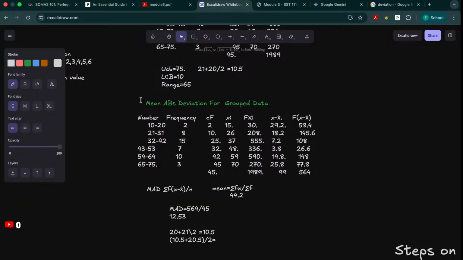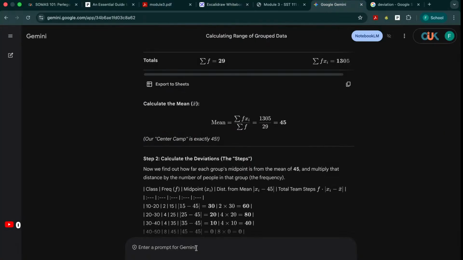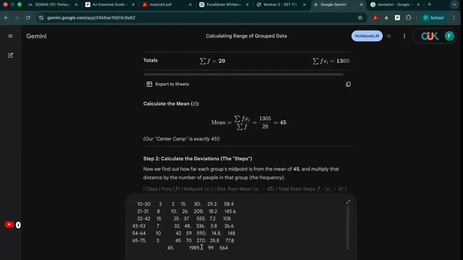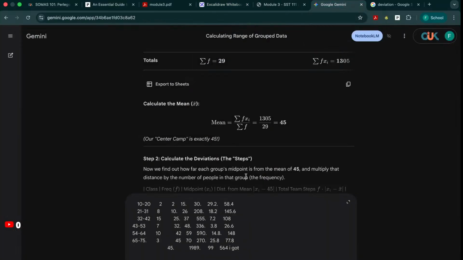So let's run it through AI to confirm. We got 0.53.